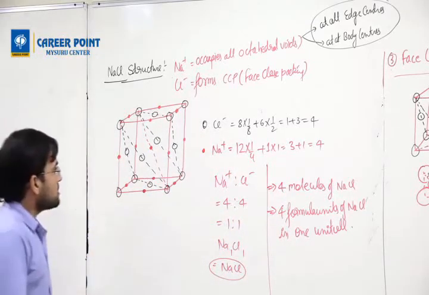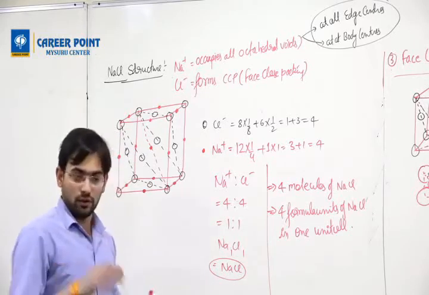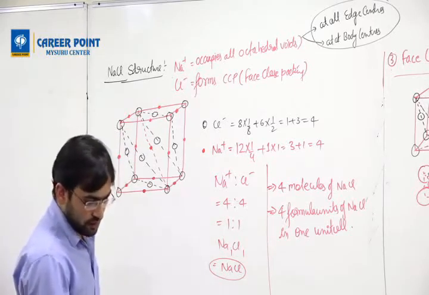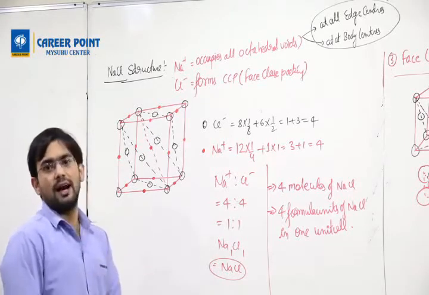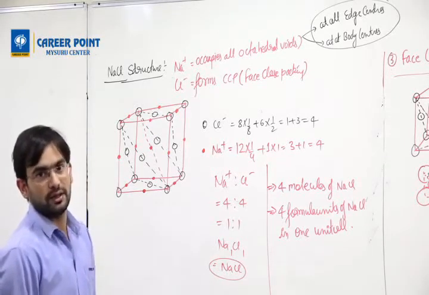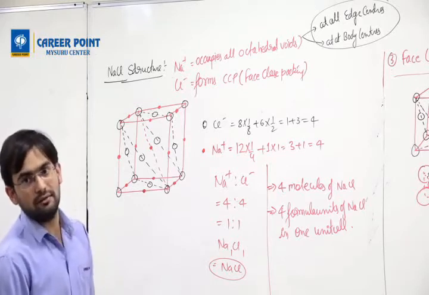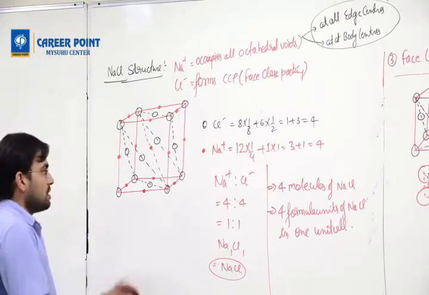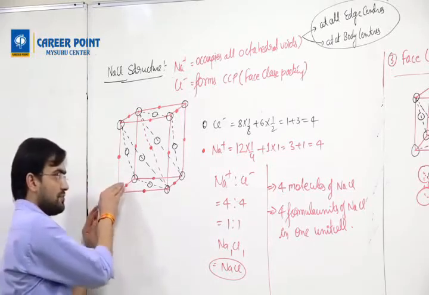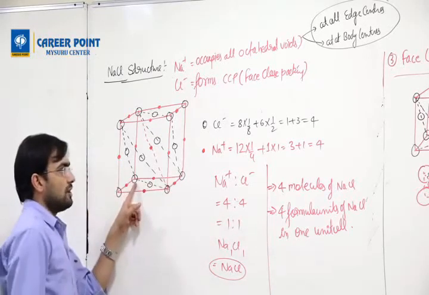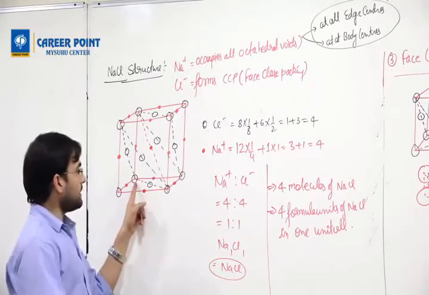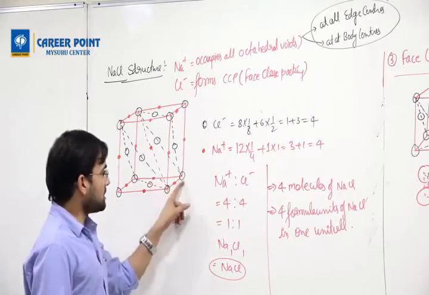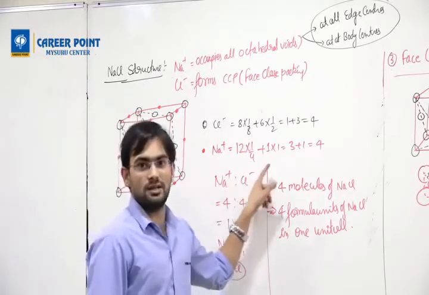Okay. Now, if you look closely, you must have studied in solid crystal that the first point is they have regular repeated geometry. So crystalline solids have regular repeated geometry. If you look at this plane, this face, this is Cl minus, this is Cl minus. So Cl minus, Na plus, Cl minus, Na plus, Cl minus, Na plus.